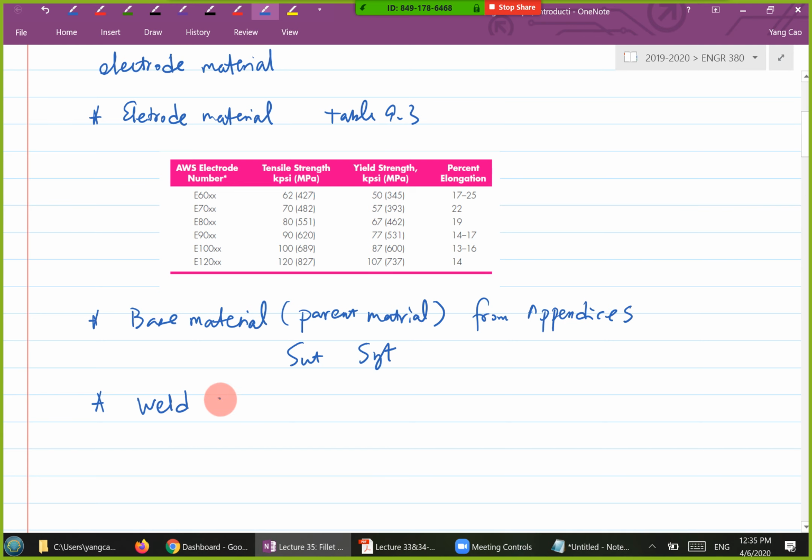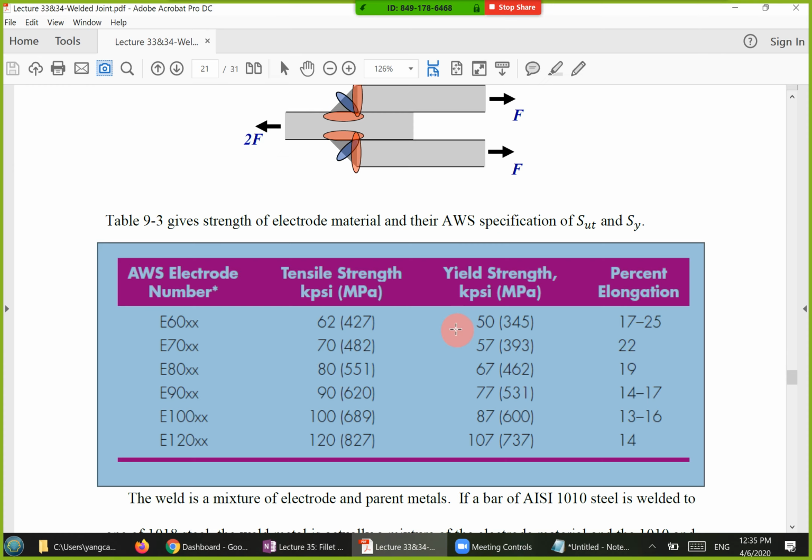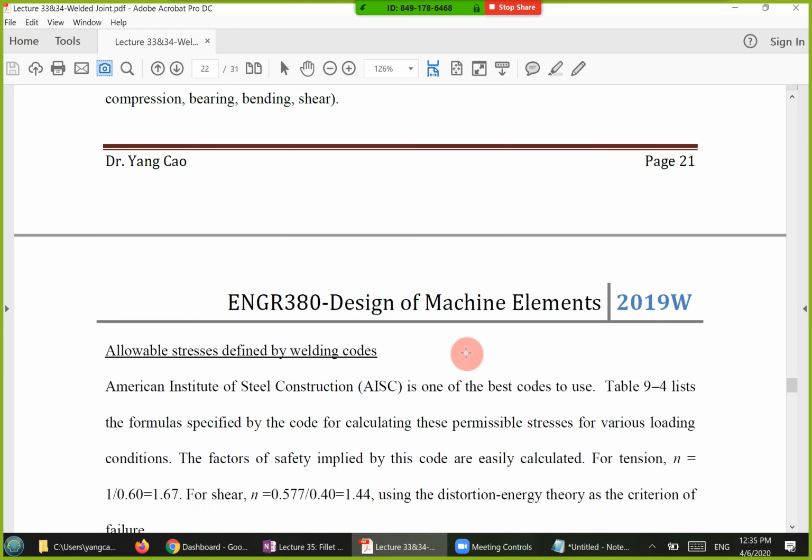And the next step is you will look at the welding code. This is defined by AISI, and this essentially is table 9-4. I'll show you the welding code in 9-4.